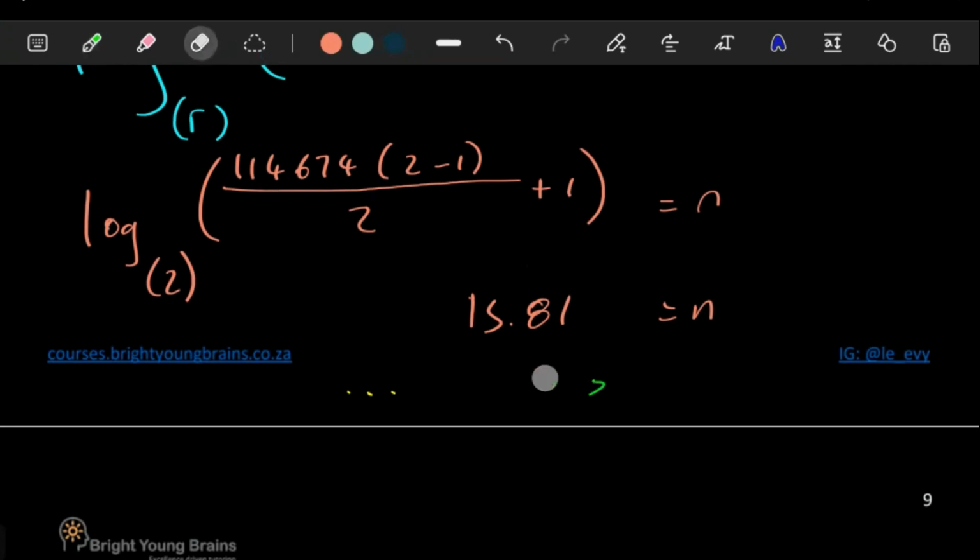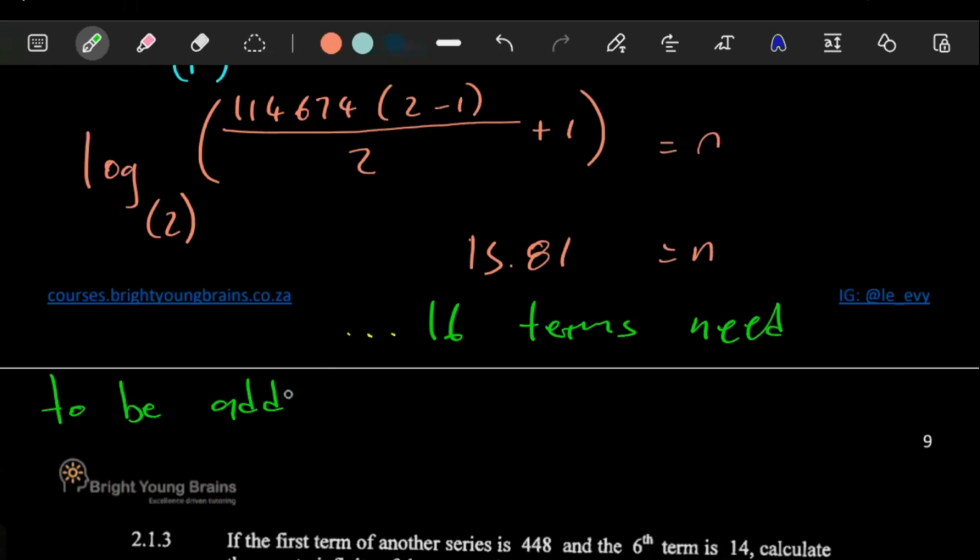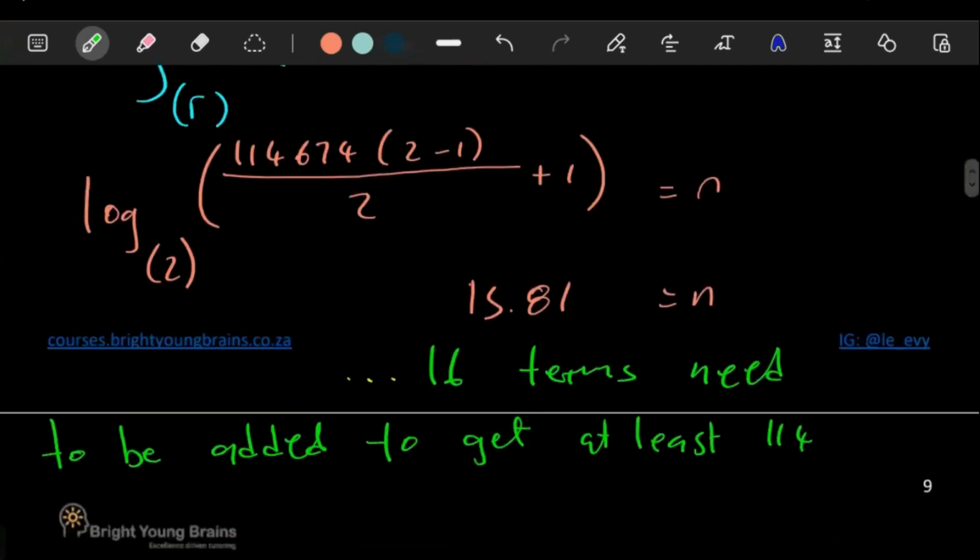Let me write it out as a paragraph while explaining. 16 terms need to be added to get at least 114,674.